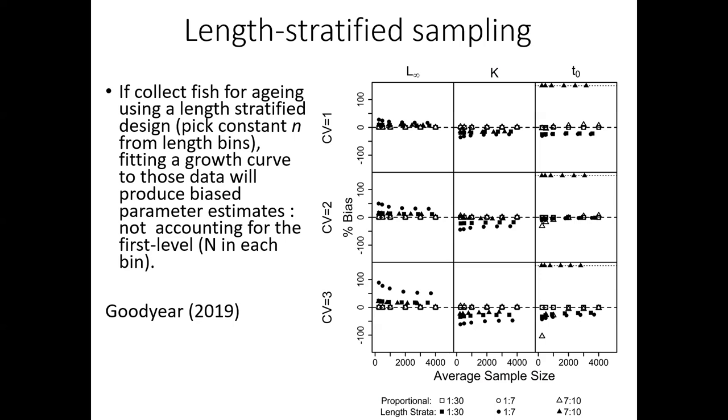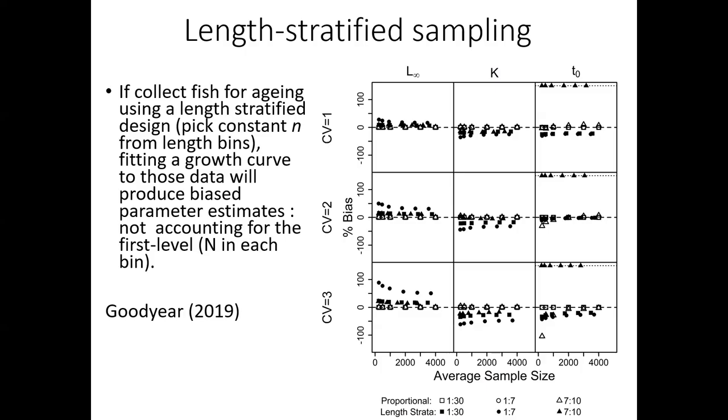And this on the right here is part of that paper I'm trying to work on. It's looking at the different von Bertalanffy parameters across the top as the columns, and going down are different levels of variance in the models.